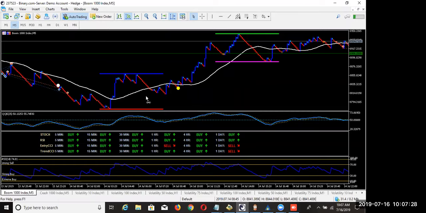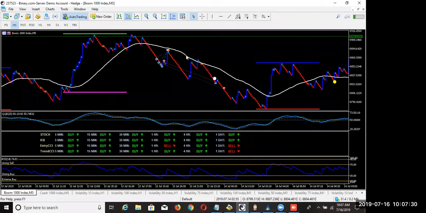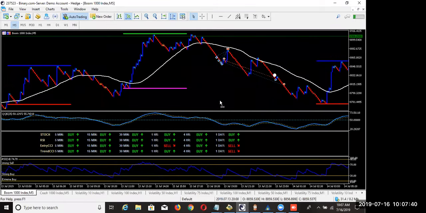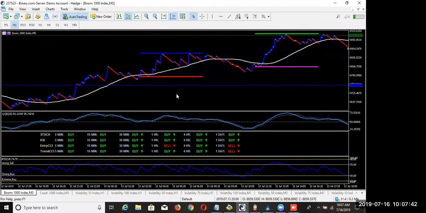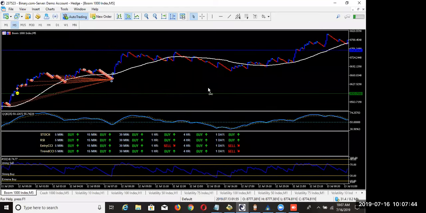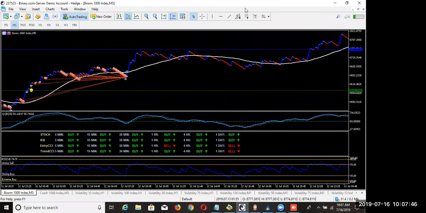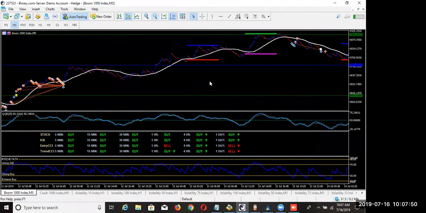But when it's below moving average 50, you can hold for 5 to 8 candles. You see there? It's below, you hold for 5 to 8 candles. You see here? 5 to 8 candles. So whenever it's below moving average 50, after your boom, you can take your sell and hold it for 5 to 8 candles. But whenever it's above your moving average, you hold it for only 3 to 5 candles.